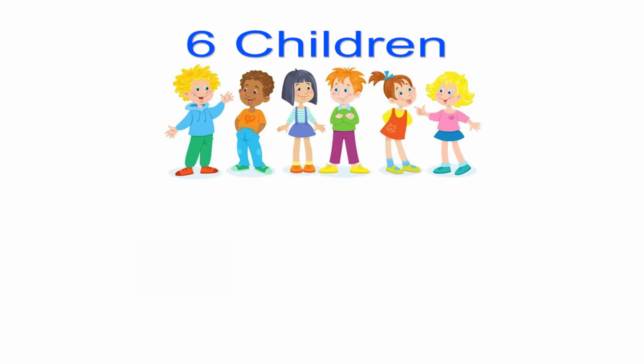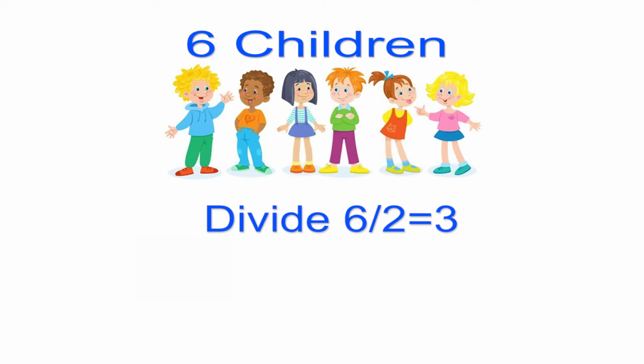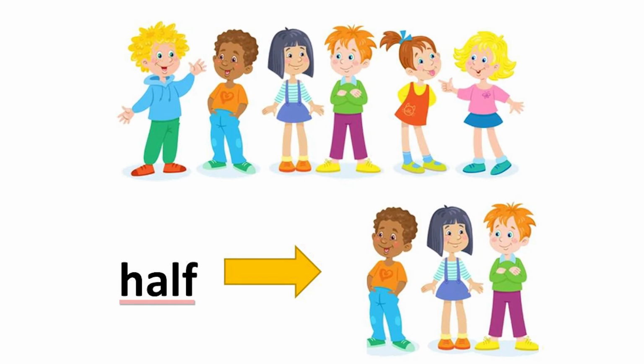If you know your 2 times table, this can be easy, or you can simply divide a group by 2. If we have the group with 6 children and we divide 6 by 2, we're going to get 3. That will be half of the group. 3 children would be equal to half of the group.